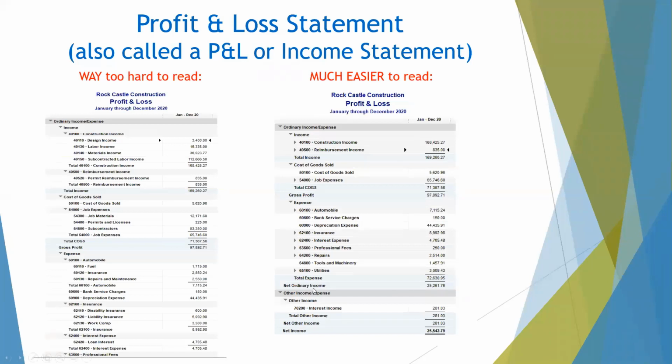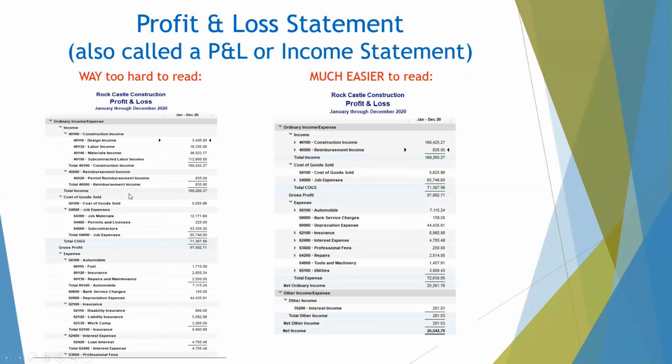And you're going to see this is just way, to me, and I'm an accountant, you know, so as a business owner who doesn't look at these all the time, or potentially does, but is not that familiar with them, this is confusing. Okay, you've got all these accounts here, all these different numbers, you've got totals, reimbursement income, all this different stuff, and it's just way too long. I couldn't even fit it on the page here, it's too long. So this can be very, very confusing.